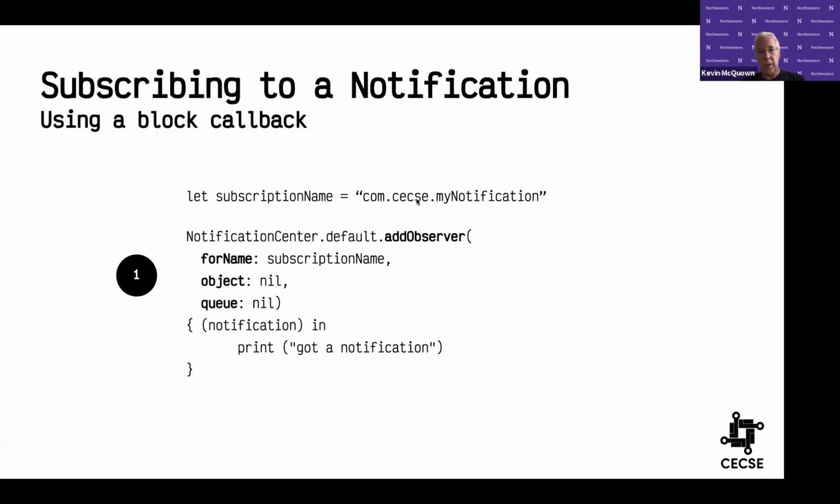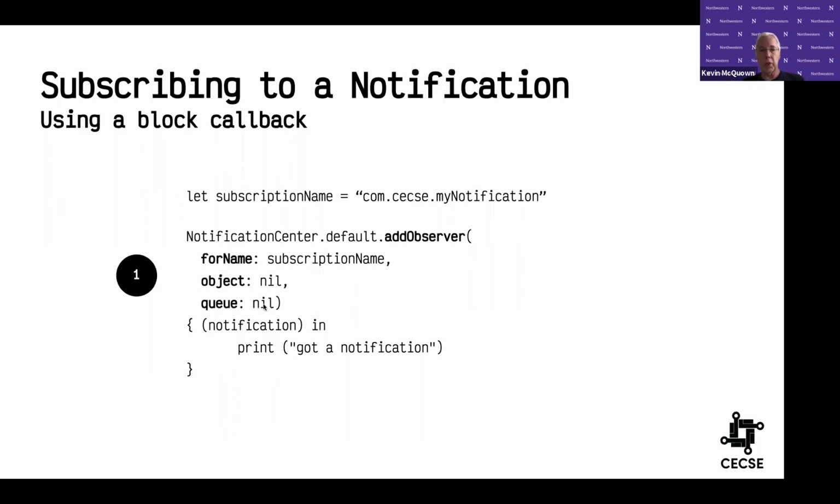So what happens here, we still do the same thing with subscription name, but then we have notification center default, add observer. Now the order here is different, but suffice it to say it's basically doing the same thing. They have for name, so that's your subscription name. That's what you're asking to observe for any notices to this. The object is nil.